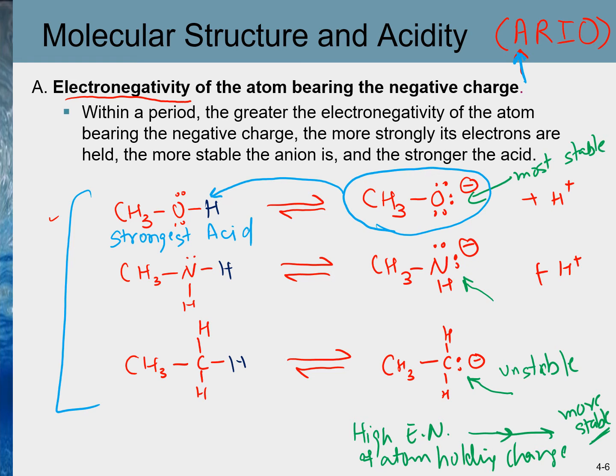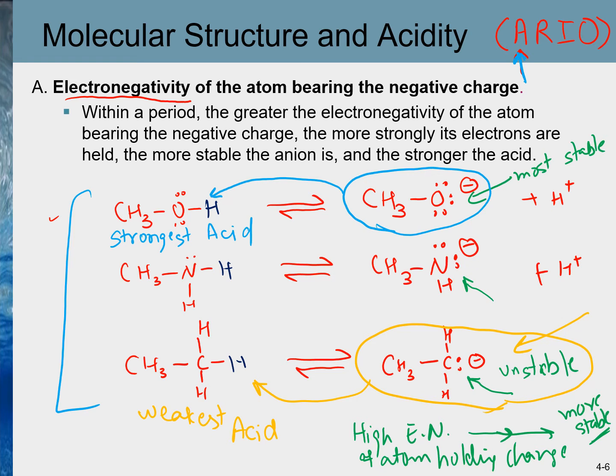And if this is the most unstable conjugate base, that means this one is the weakest acid in this bunch. And then the amine would be the intermediate.